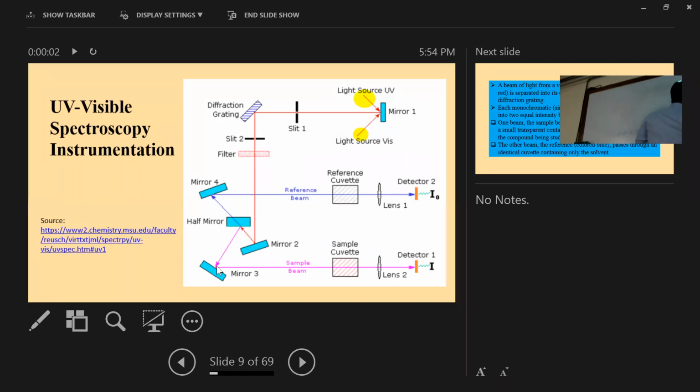Just like a cell, we call it like this, right? Like this, just a very small 1 centimeter cell.